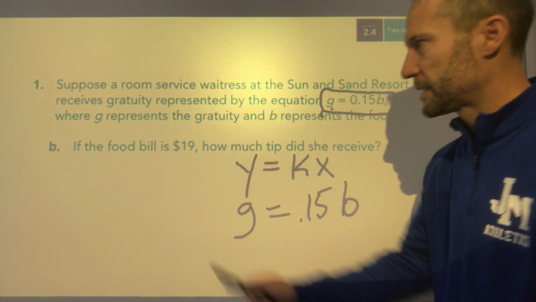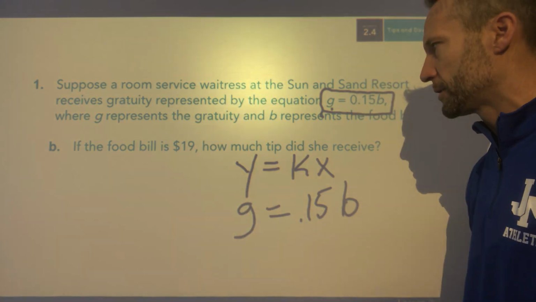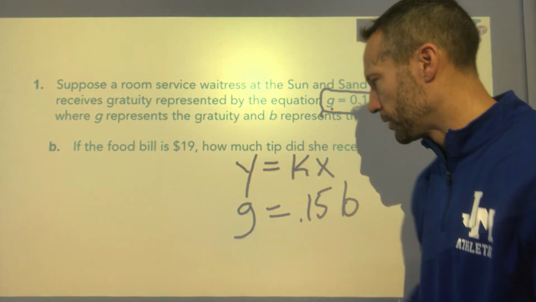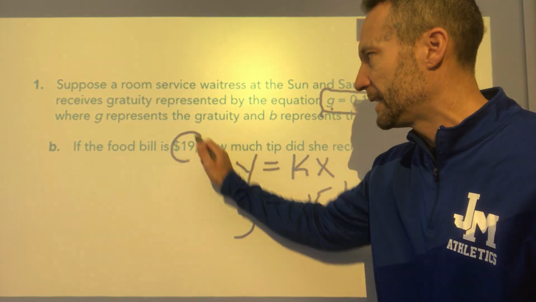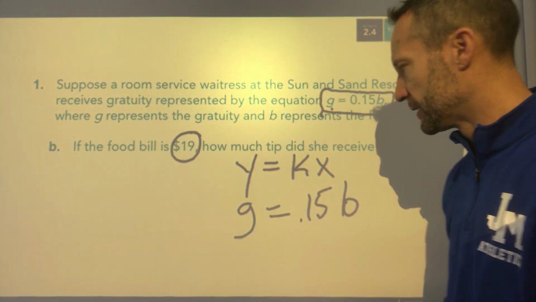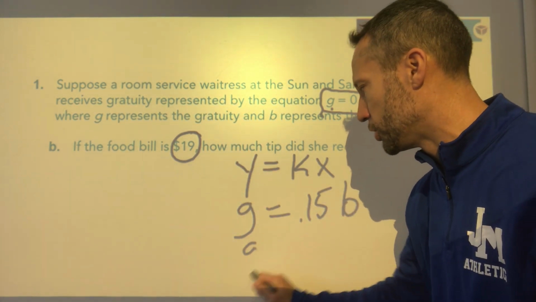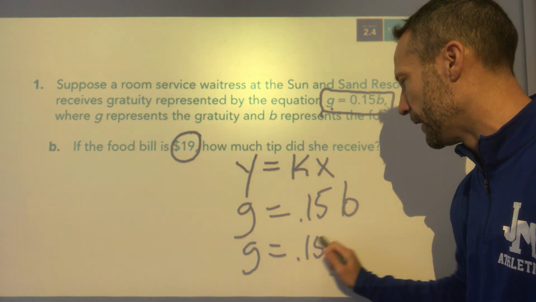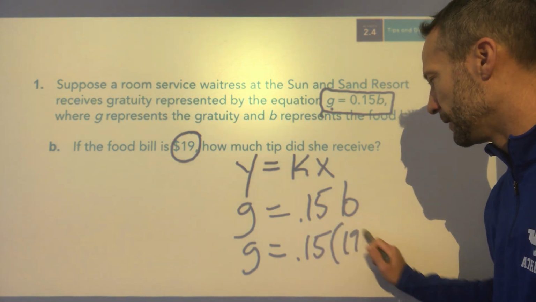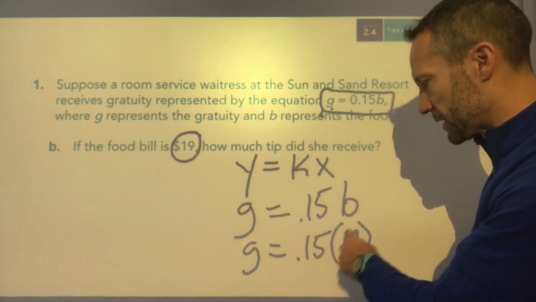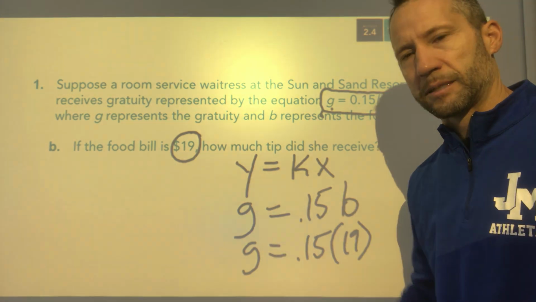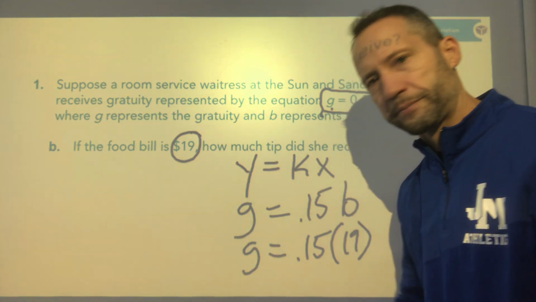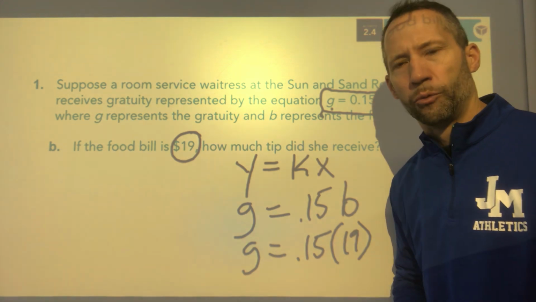In this problem, it says if the food bill is $19, how much is the tip? This is a pretty straightforward problem, so I'm going to put that 19 in for my bill. So now I have G equals 0.15 times 19, or 15% of 19, and that's my gratuity. So that's how we ended the week.